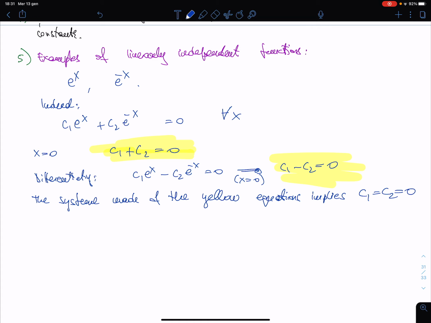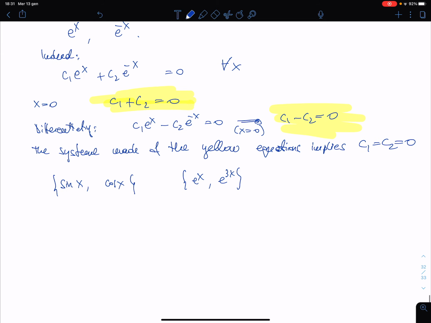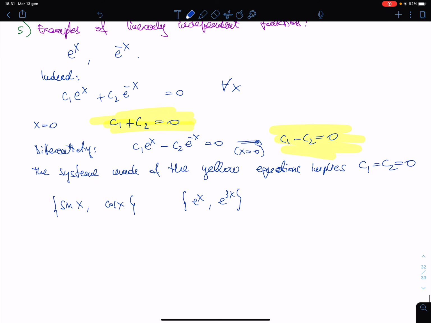Other examples are sine of x and cosine of x, e to the x and e to 3x, and so on. So that is the general rule you have to apply.